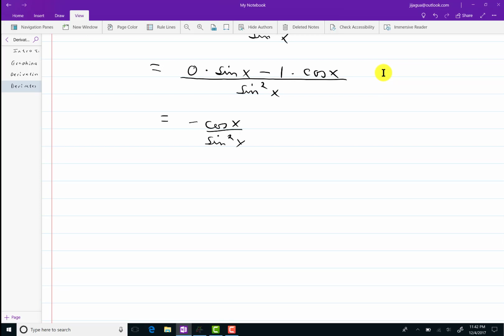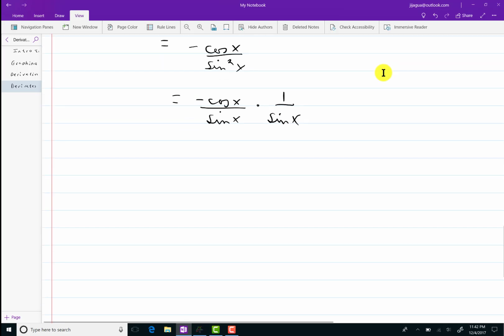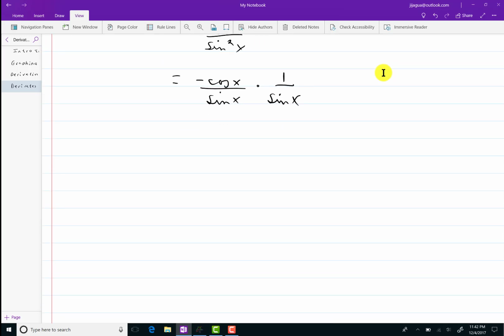Now the derivative is never written that way. Instead, what's done is this. Usually we have negative cosine of x divided by sine of x times 1 over sine of x. That's not the way it's left either. The formula is usually written this way. The derivative, d over dx of cosecant of x equals negative cotangent of x times cosecant of x.